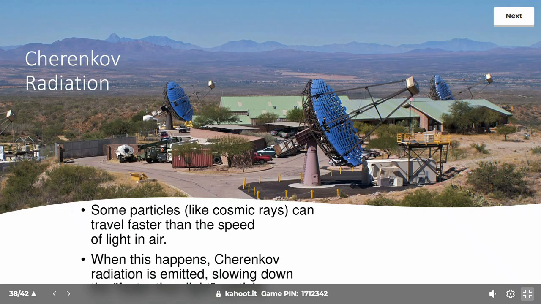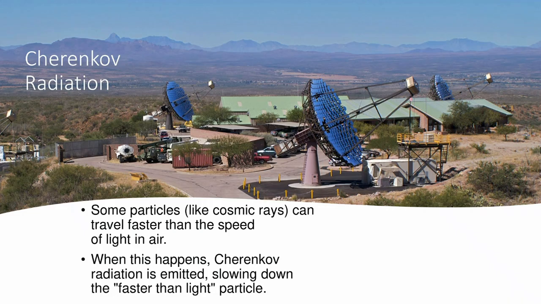We've mentioned Cherenkov radiation before. If you have a particle that's traveling faster than light in air, so remember the speed of light in a vacuum is the highest speed that something can travel. But in a medium like air, the speed of light is not the fastest speed anymore.